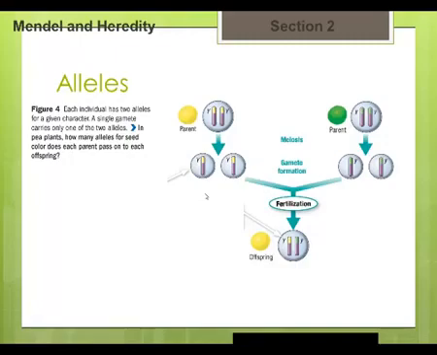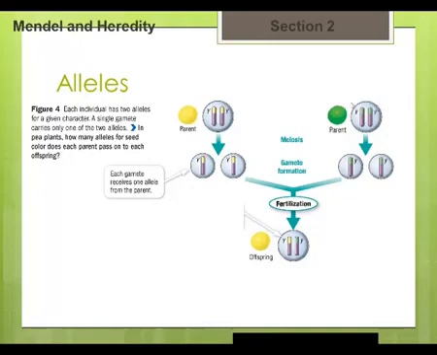So, an example of that. In Mendel's experiment, he looked at the color of seeds. In this case, we're looking at the color of seed being yellow or being green. The dominant allele in this case is yellow. The recessive is green. Okay, so each gamete receives one allele from the parent. In this case, the parent only had a yellow allele to give, so it gave a yellow allele.